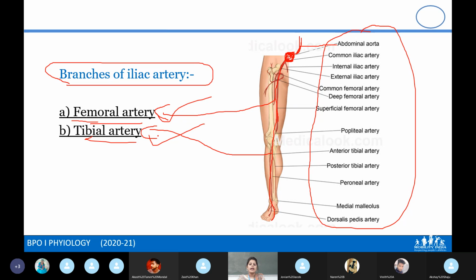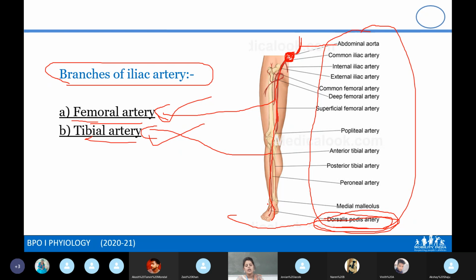There is an anterior tibial artery and a posterior tibial artery, which means the front of the leg is supplied by one artery, and the back of the leg is supplied by one more artery, that is called posterior. As you go down, there is one more important artery, that is called the dorsalis pedis artery.